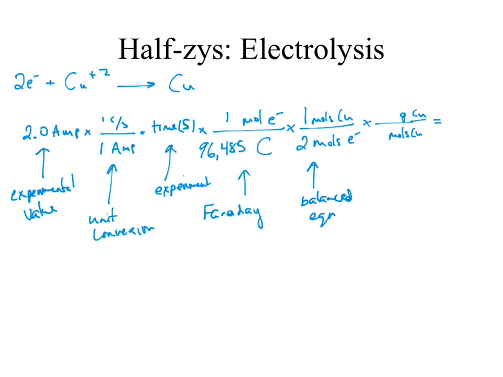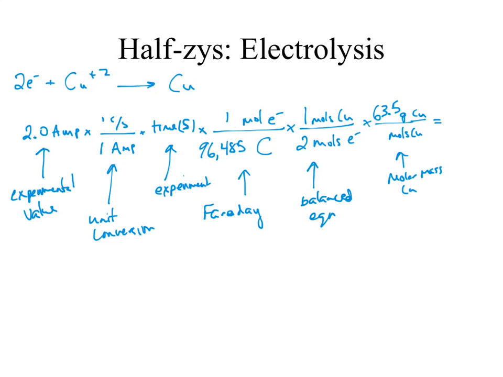Was it 64 or something? 63? 63.5463 is what that says. And we now have a theoretical amount of copper that could be produced given that amount of amps and that time. What we've done is an electrolysis calculation.